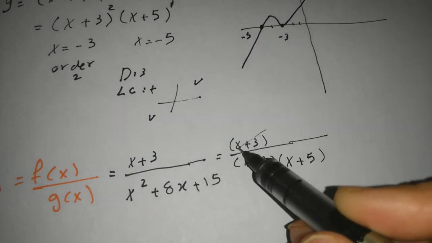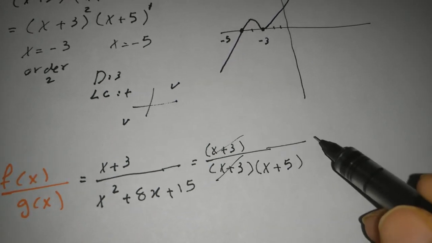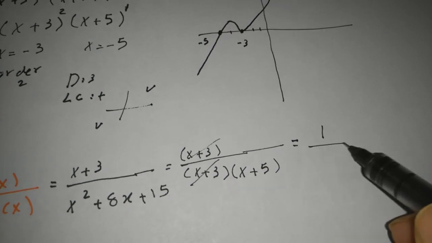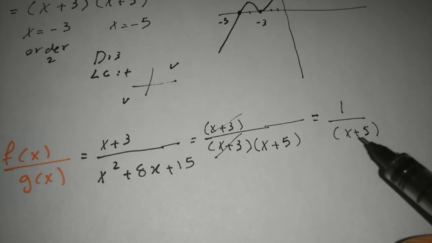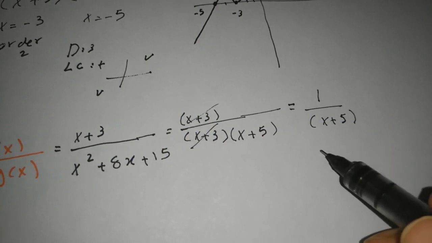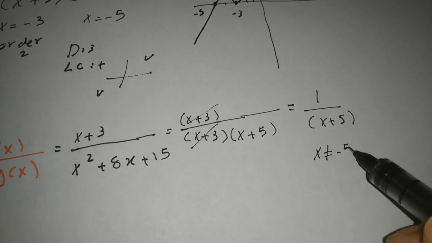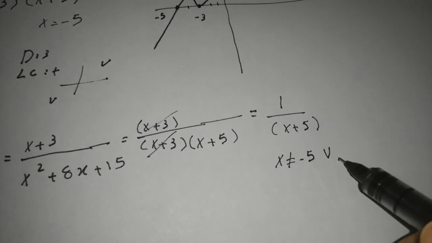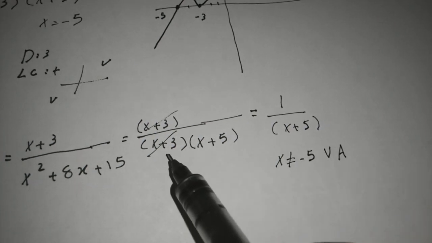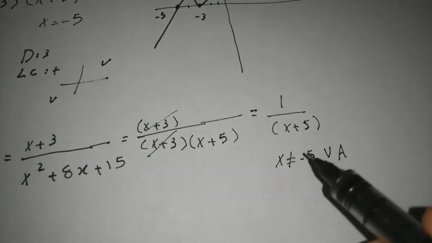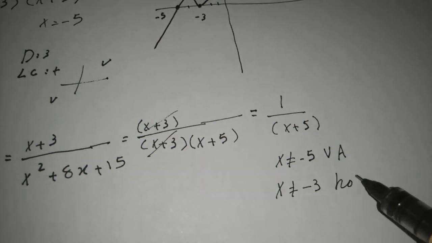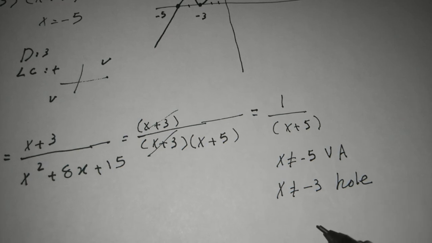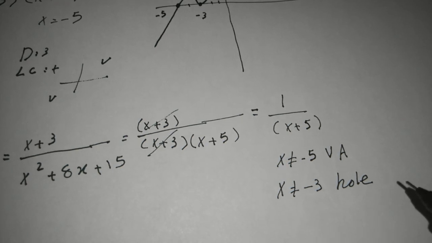See, x plus 3 and x plus 3 cancel, and it's just this one. If I want to talk about the restrictions, one restriction is that x cannot be -5. This is a vertical asymptote. Another restriction is that x cannot be -3, but this is going to be a hole. When you graph this, you need to determine that point, which is a hole.